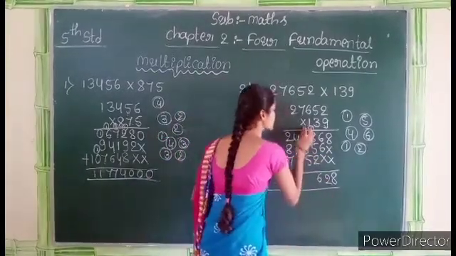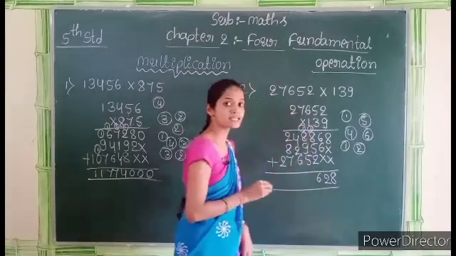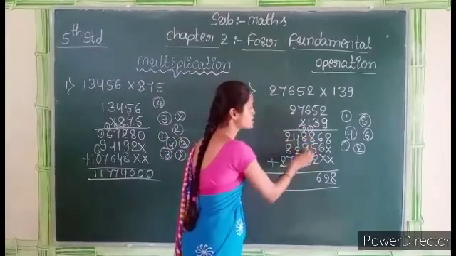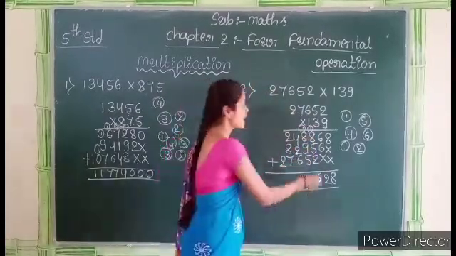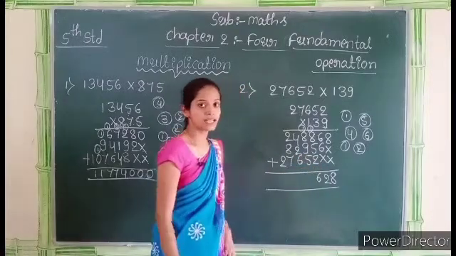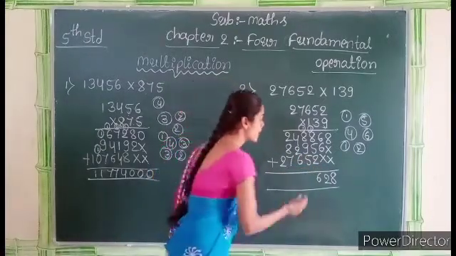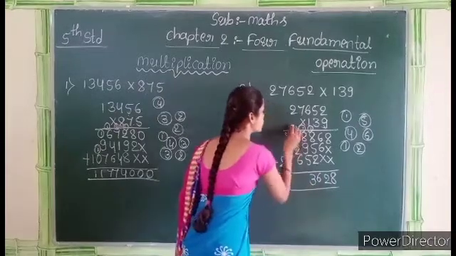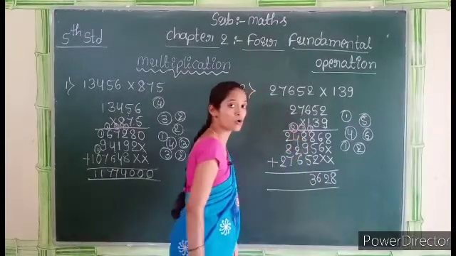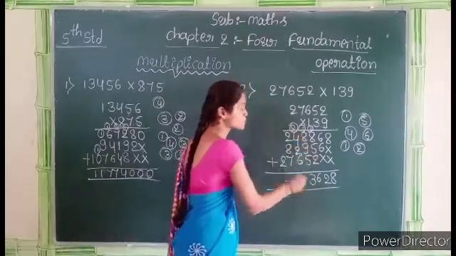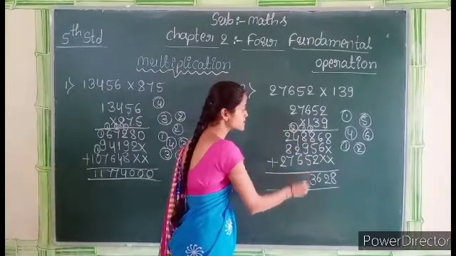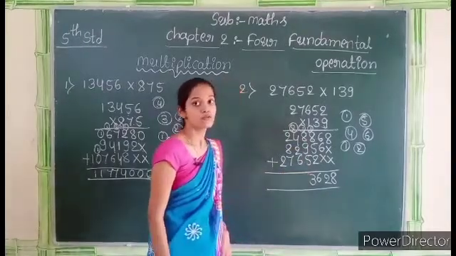I will write 6, then 1 carry, 1 plus 8, 9. 9 plus 9, 18. 18 plus 5, that is 23. I will write 3, then 2 carry, 2 plus 4, 6. 6 plus 2, 8. 8 plus 6, that is 14.